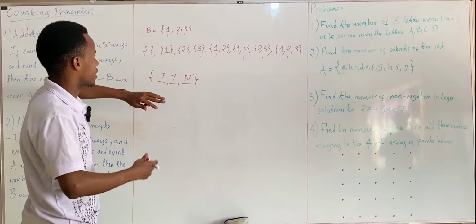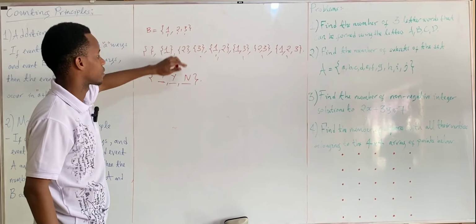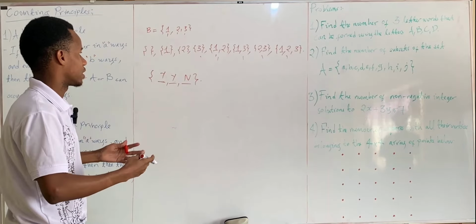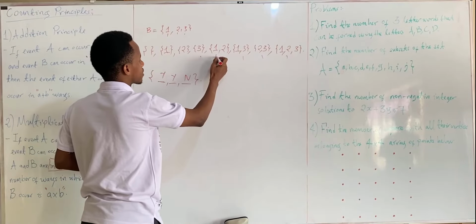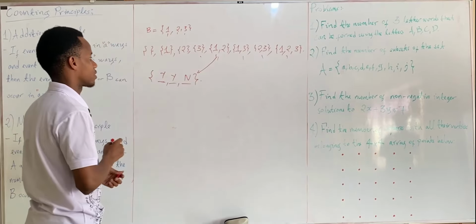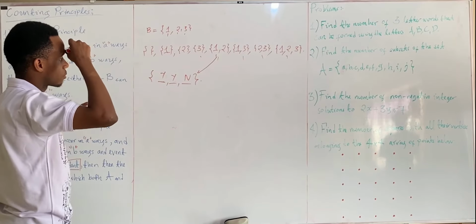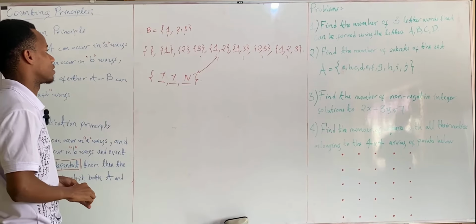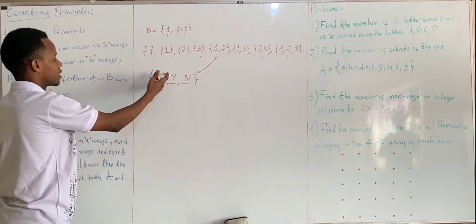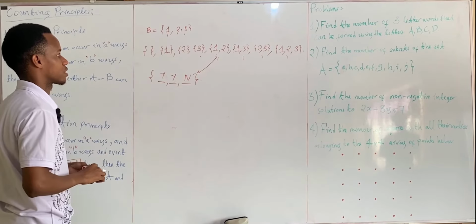I take 2, that means I say yes for 2, and then for 3 I say no because I don't take it. So I can categorize this subset into this format. For each element there are only 2 ways of dealing with it. You either include it in your subset or you don't include it in your subset.